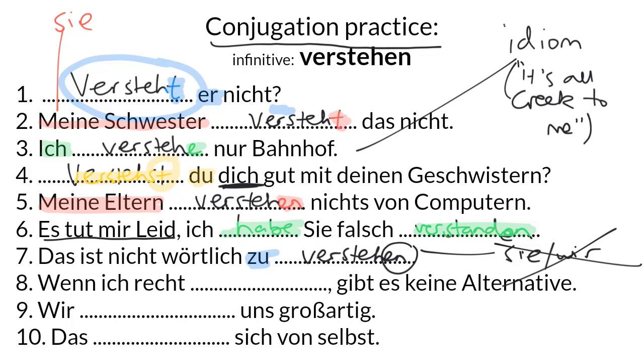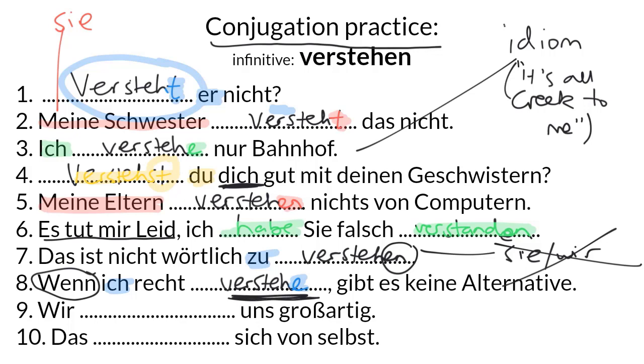Number 8, wenn ich recht verstehe, gibt es keine Alternative. If I understand correctly or properly or right, there's no alternative. And the conjugation is simple here. We've got an e on verstehe, which is linked to the ich. Now, the wenn is one of those conjunctions that sends the verb right to the end of the clause.